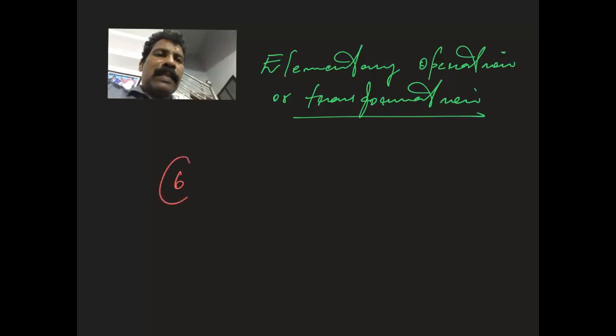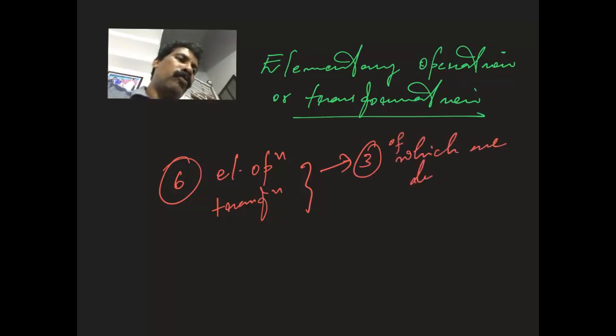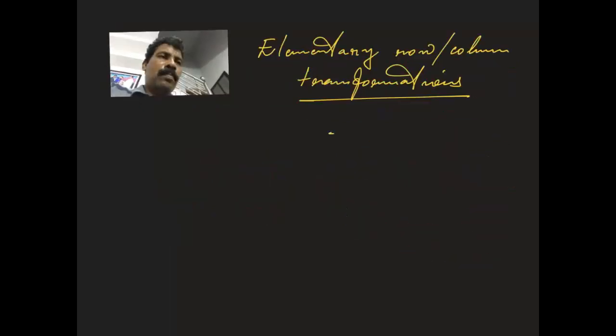There are 6 elementary operations or transformations, 3 of which are due to rows and 3 are due to columns. Elementary row or column transformations.